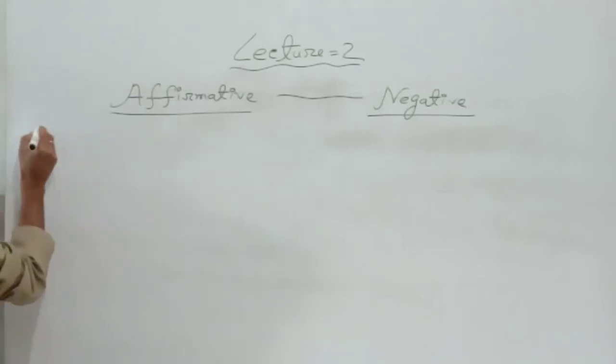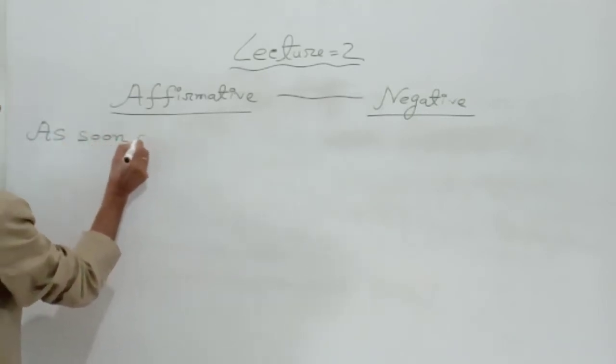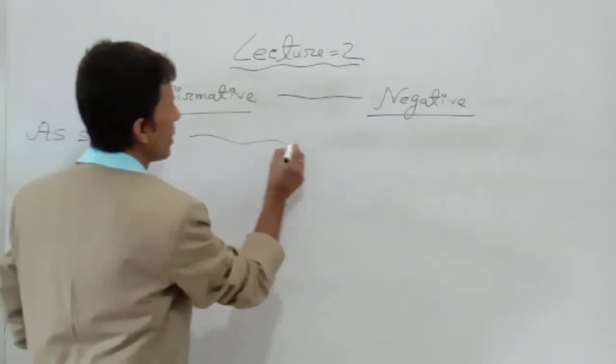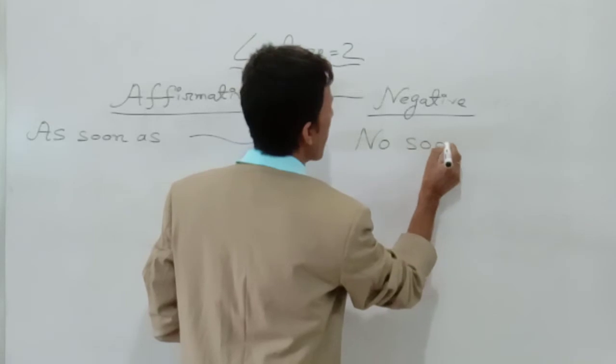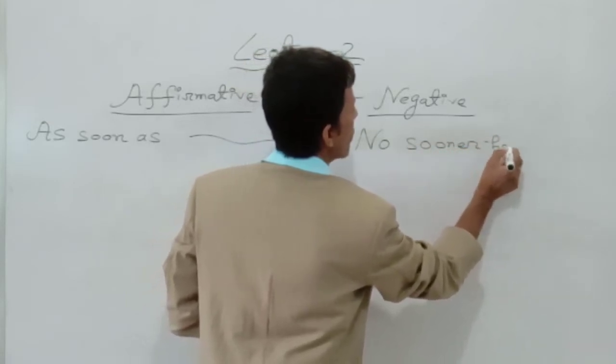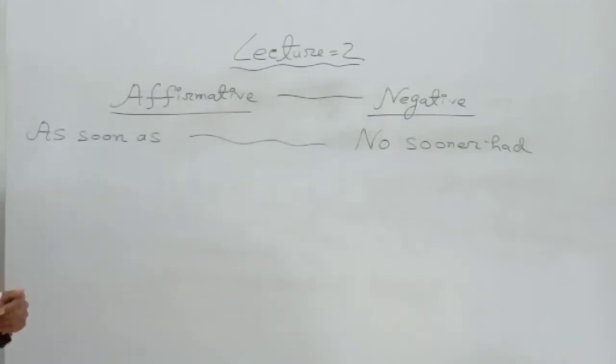Rule 2. As soon as can also be transferred into no sooner had. Here the remarkable point is that the parts of English grammar are interconnected with each other very deeply.